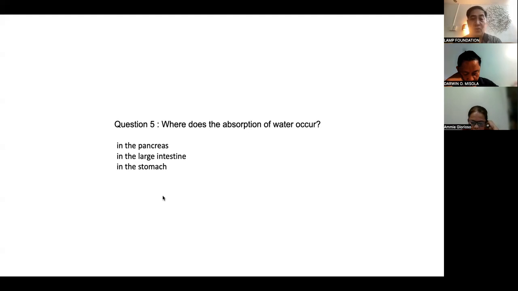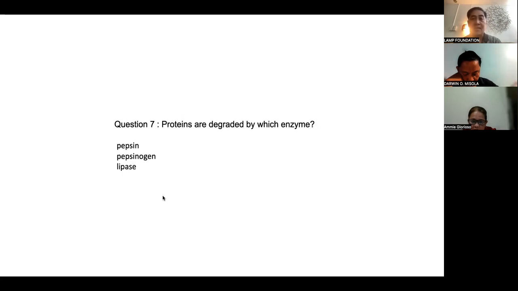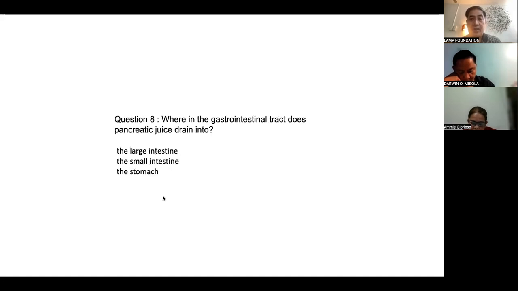Where does the absorption of water occur? In the large intestine. Which one of the following is not a function of bile? Breakdown of protein. Proteins are degraded by which enzyme? Pepsin. Where in the gastrointestinal tract does pancreatic juice drain in? At the small intestine.